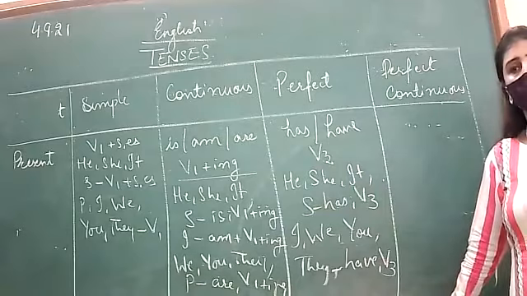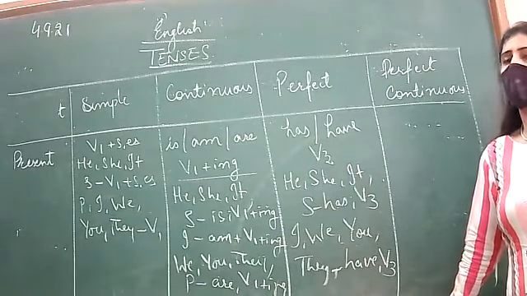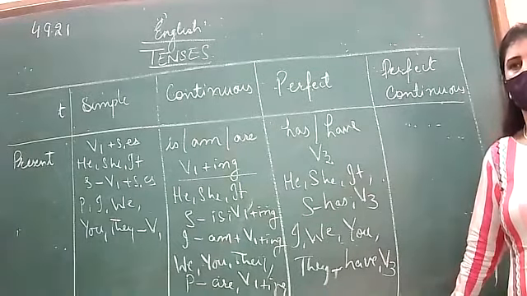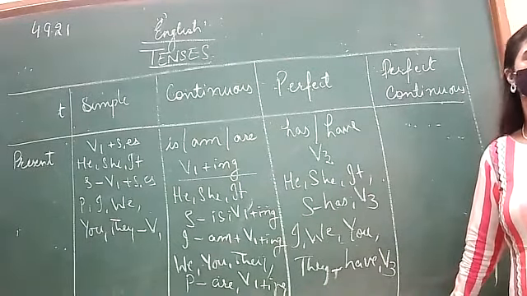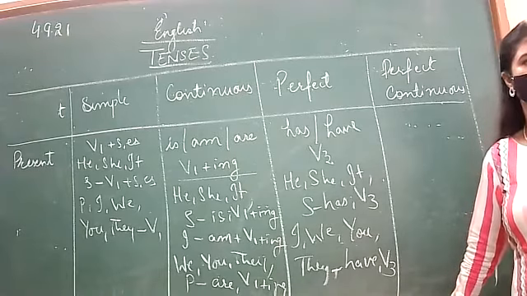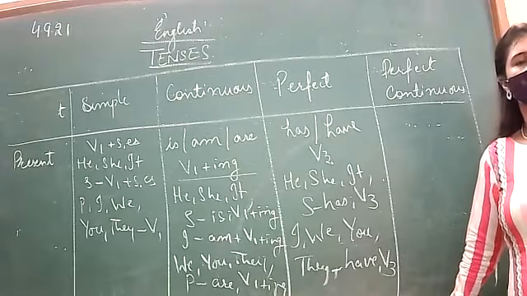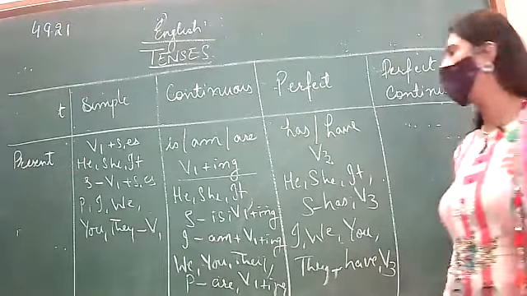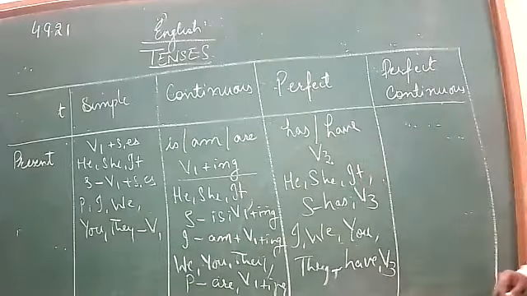It is not used, so it is only possession. For example, we have visited the hall. We have attended the meeting. They have appointed him as the leader. So in this manner, perfect tense is used.